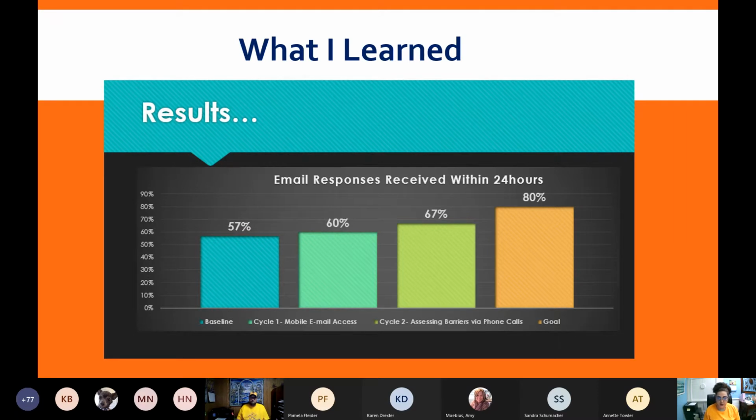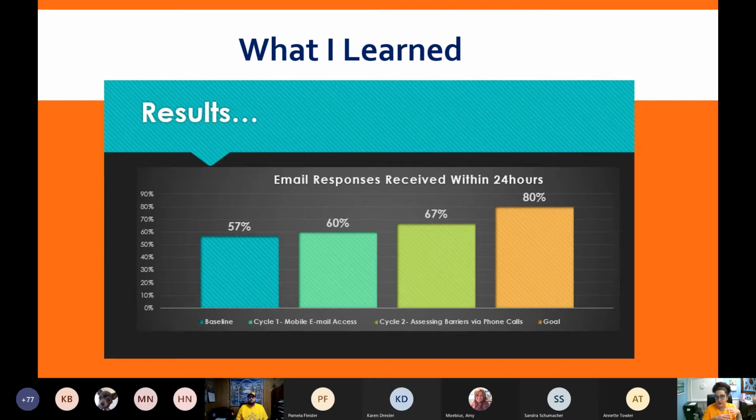We're going to try another change. So in cycle 2, we started calling people and saying, what are your barriers to replying to emails in a timely manner? No judgment. We just need to know so that we can find solutions. At that time, a lot of people just recognized that, hey, I need to get it on my phone, or my Gmail is my default email, so I'm not getting the emails from APC notifications.